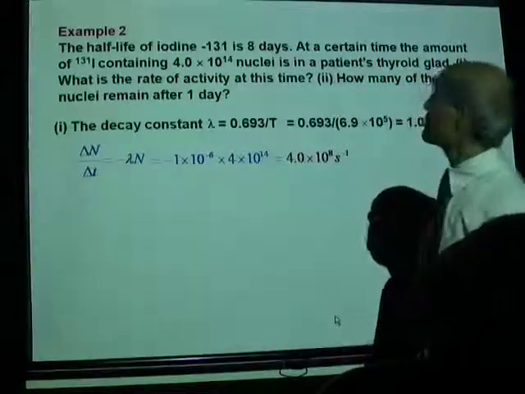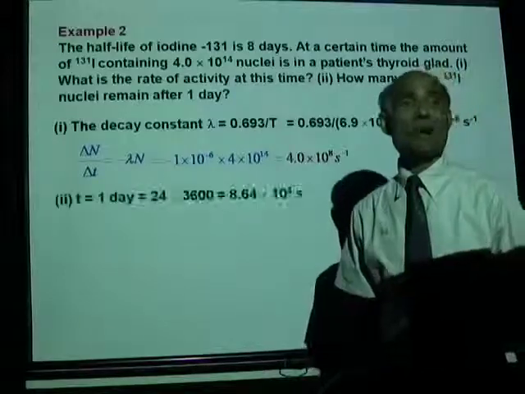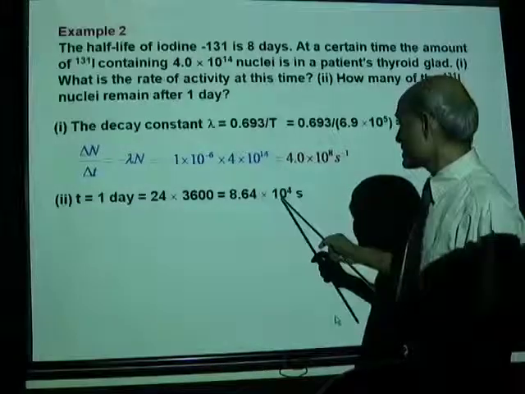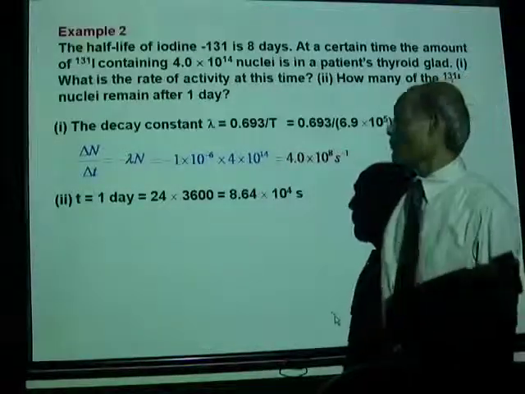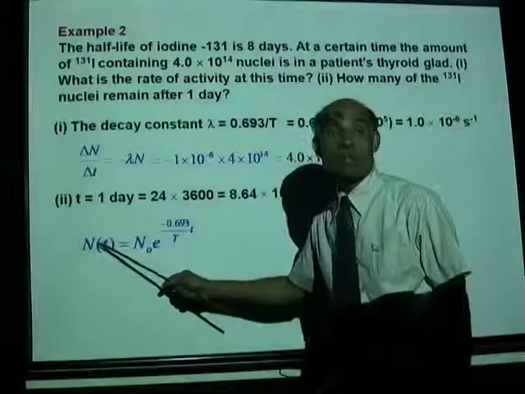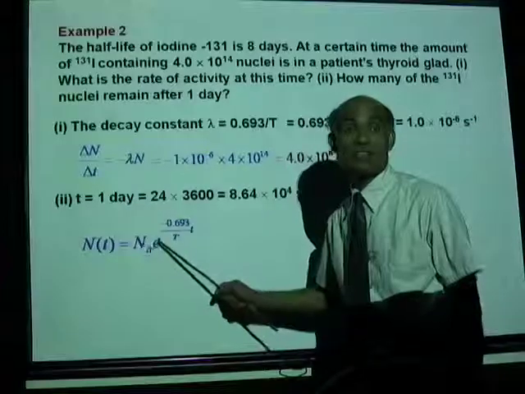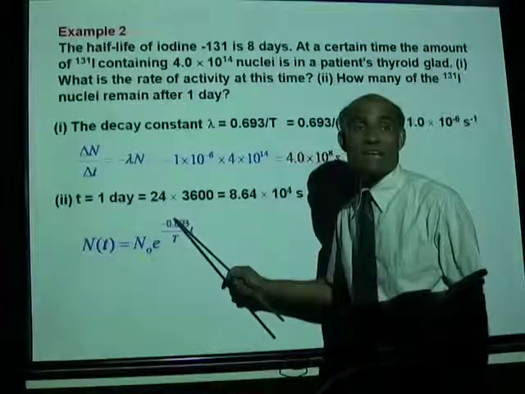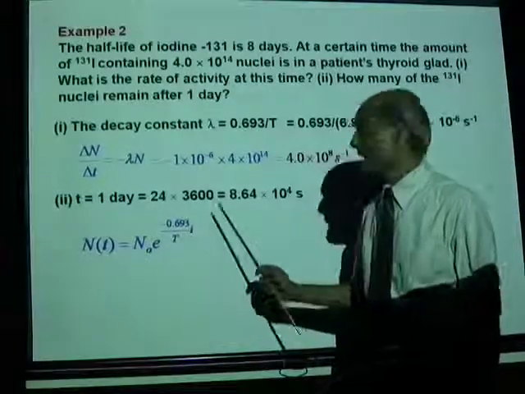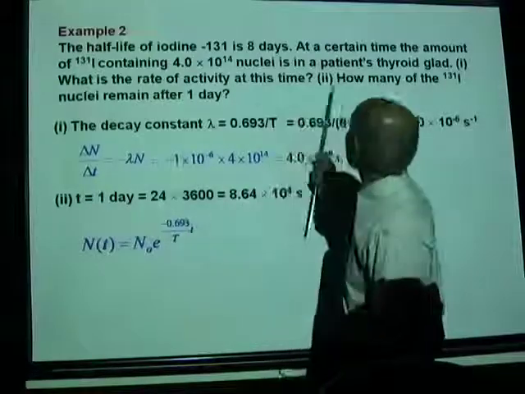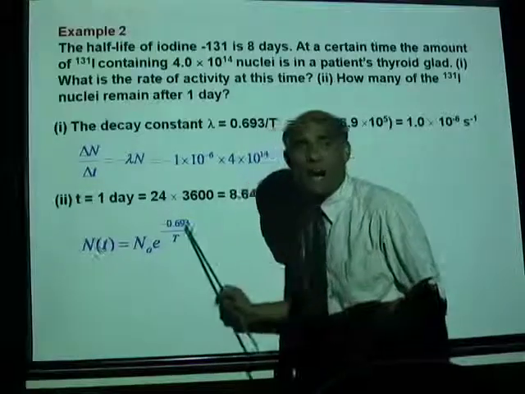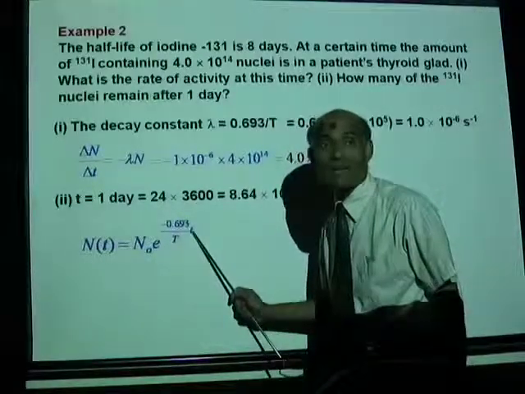How many of the I-131 nuclei remain after 1 day? Well, 1 day is 8.64 times 10 to the power 4 seconds. Now we have this relation: N of t is n0 e to the power negative lambda over the half-life period times t. Now we need to find the number of iodine-131 remaining after a time of 1 day.